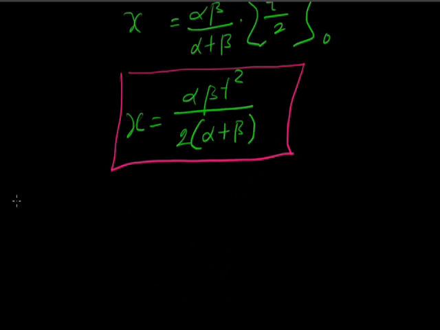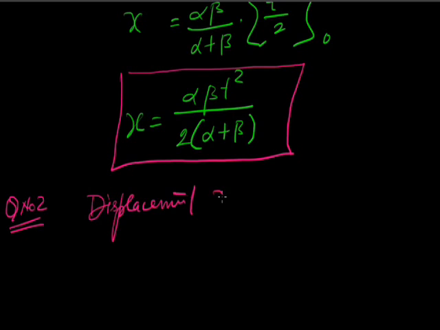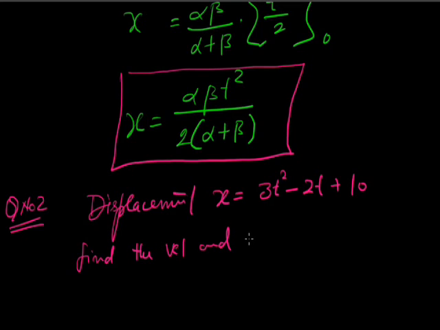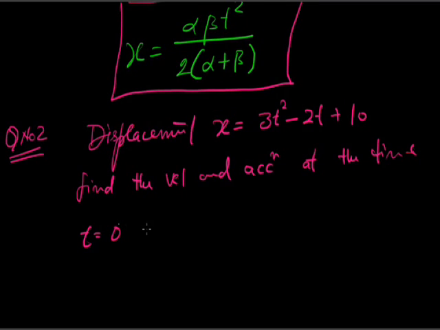Now come to the next question, question number 2. The displacement x is given as 3t square minus 2t plus 10. Find the velocity and acceleration at the time t equal to 0 and t equal to 4 seconds.